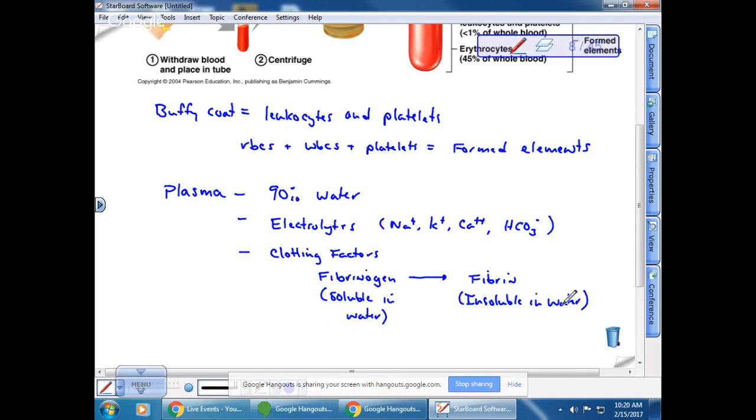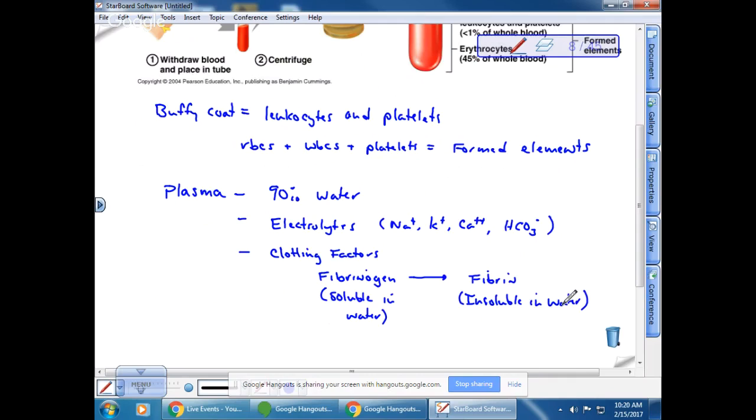So when you injure a blood vessel, instead of bleeding continuously, fibrinogen would be signaled, and we'll talk about that pathway. It's a complicated enzymatic cascade. But eventually, fibrin comes out of solution, creates a net, and prevents excessive blood loss.